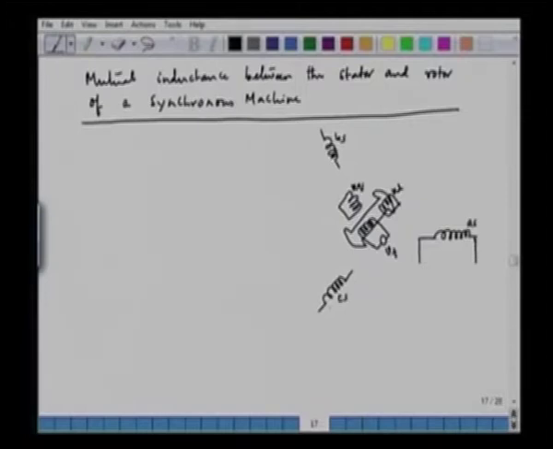Now what we will do here is this, that we will try to evaluate the mutual inductance between the stator winding AS and the field winding F. So this is the D axis, and this angle that is obtained with the axis of phase A is theta r.